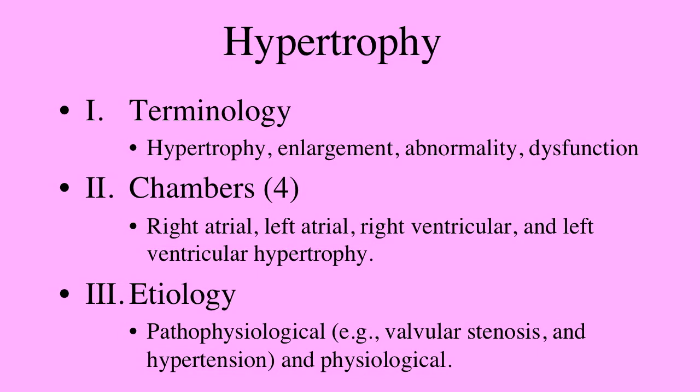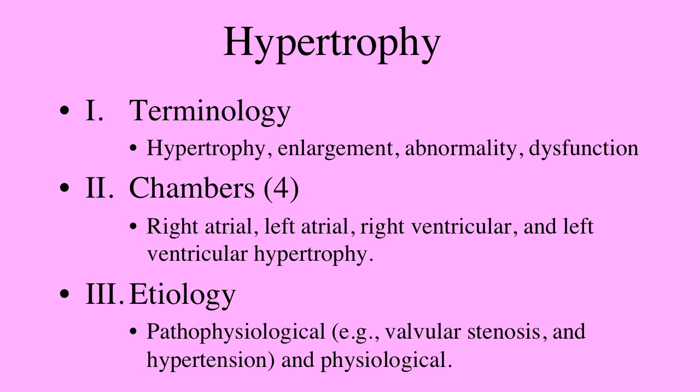If you have physiological hypertrophy, this is where somebody does a lot of aerobic exercise and weightlifting, and oftentimes the heart gets a little bigger, but this is usually a good thing that will help the person pump more blood during their athletic or competitive activities.